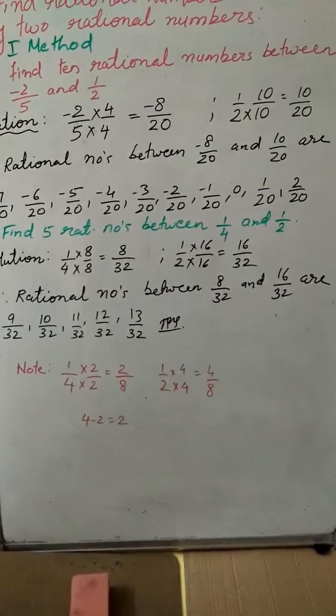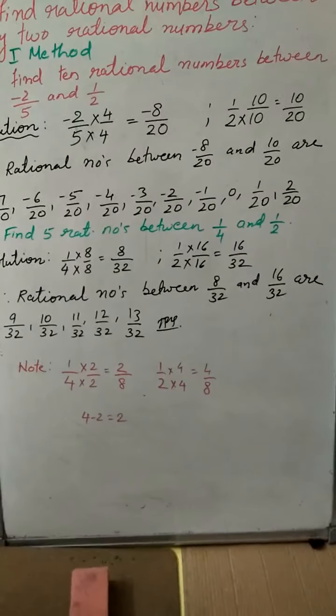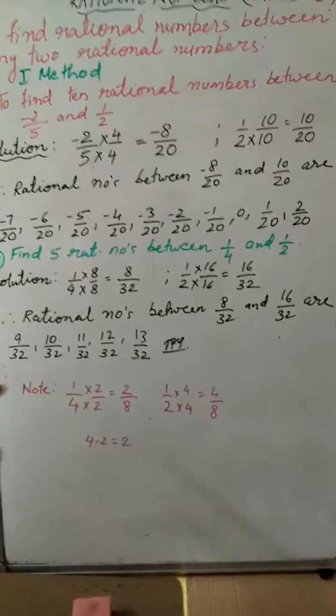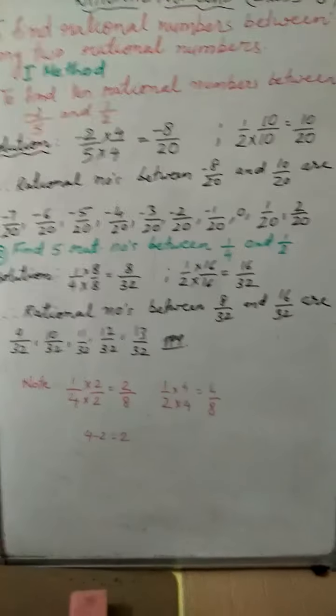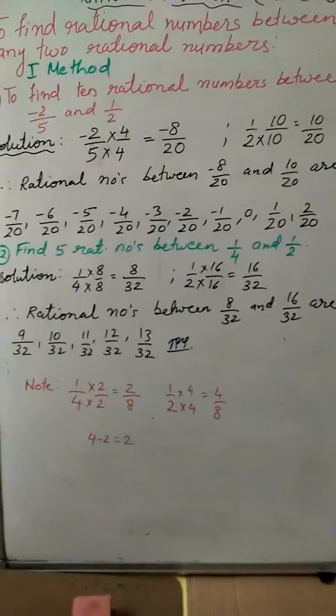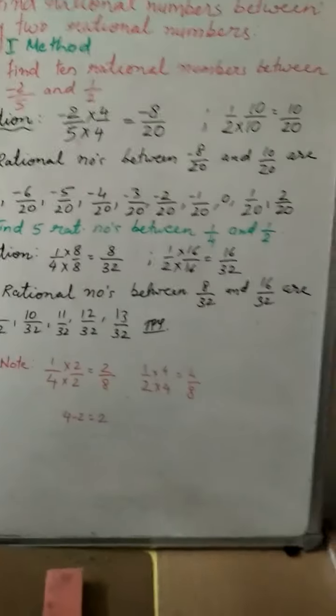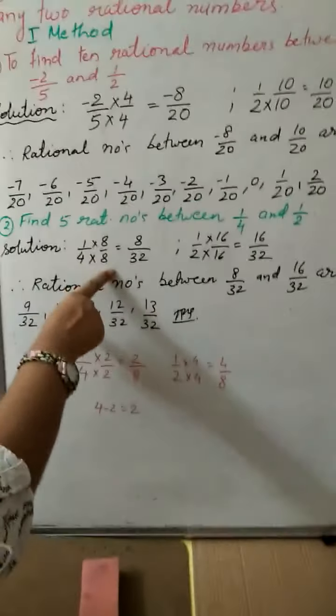Now I know the question you might be thinking: why have I multiplied by 8 only? Why not 2 or 5 or some other number? Yes, you can multiply by any other number also.